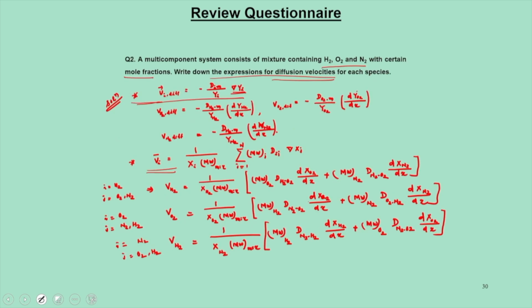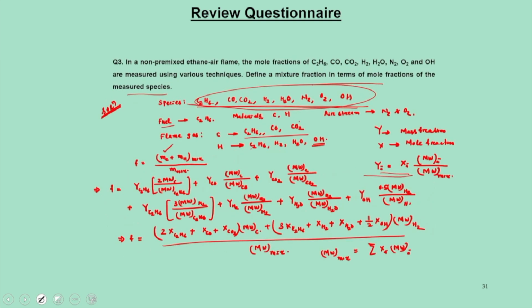Then we have equations involving diffusional velocity for multi-component systems. You can see that for only 3 systems the equations become this. If we have n number of equations, you really cannot solve them on your own, so programming or a matrix form of the equation is required.